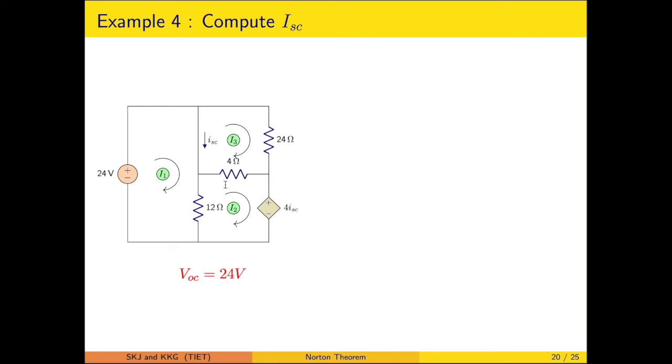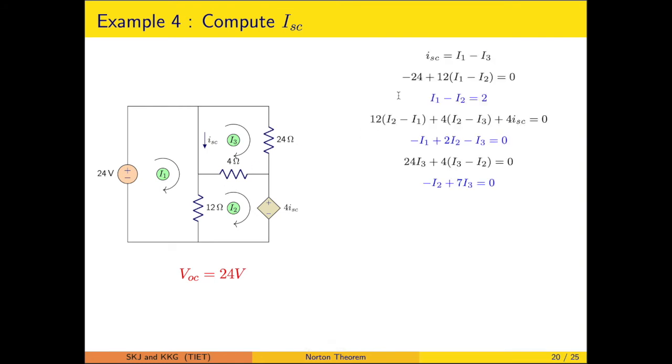We are invoking the mesh current method and writing the KVL equations. First of all, the ISC is a constraint, or an additional relation that is needed, equal to I1 minus I3 as per the nomenclature of I1, I2, I3.